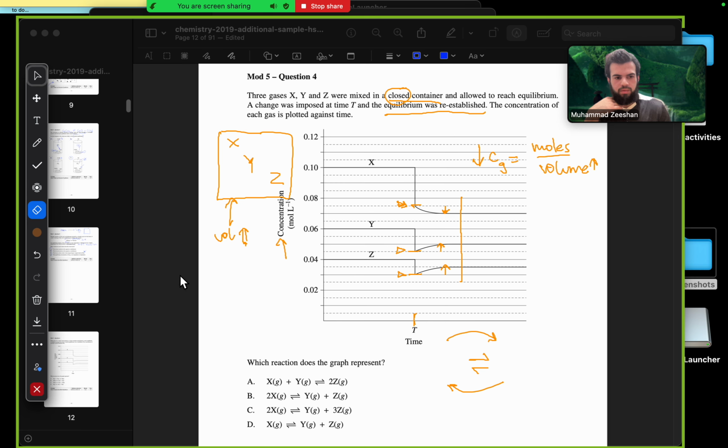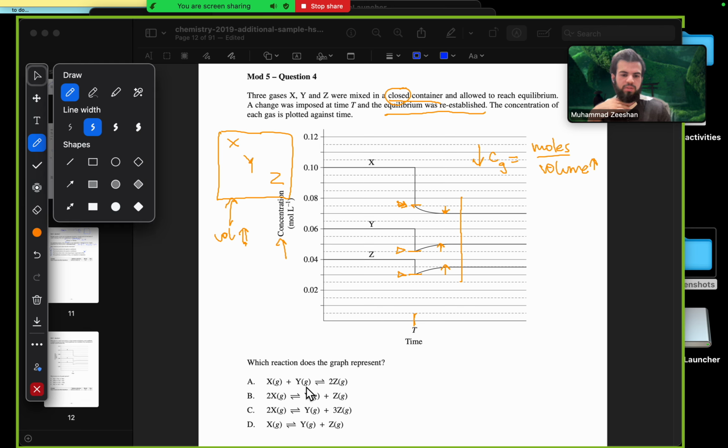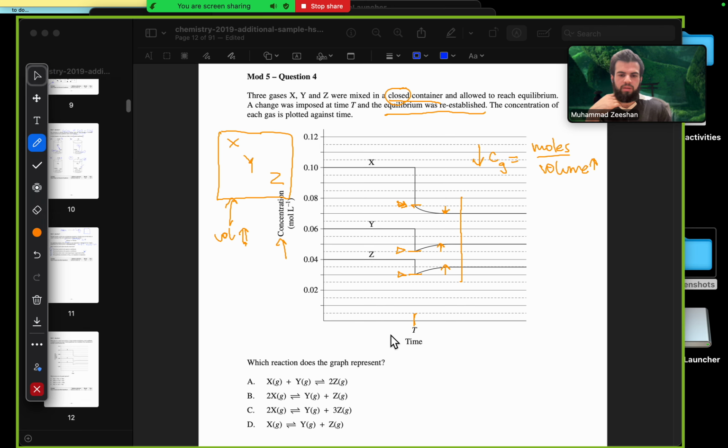So if it was X plus Y goes to 2Z, then that doesn't make sense because X went down and Y went up. And Z went up as well.